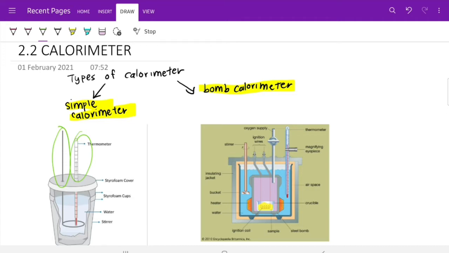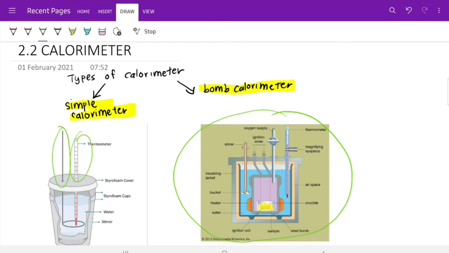With a simple calorimeter, sometimes we ignore the heat capacity of the calorimeter, but sometimes it might be included, so you need to include the calorimeter in the heat calculation. Whereas the bomb calorimeter is a special kind of device widely used in industry to study the amount of heat change throughout a chemical reaction process.